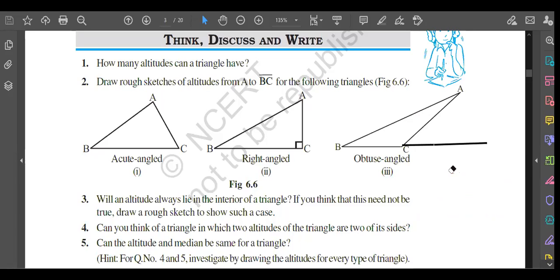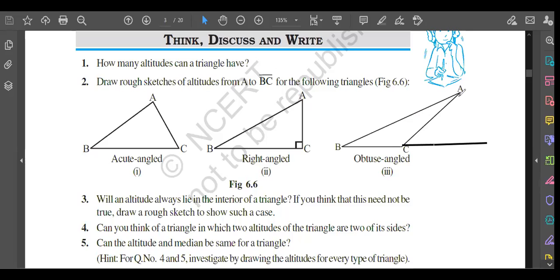Okay, got it? Now, from A, draw perpendicular on BC. Can you draw a perpendicular from point A to BC? Tell me, yes or no. Yes. Not inside the triangle. Because this angle itself is greater than 90 degree.